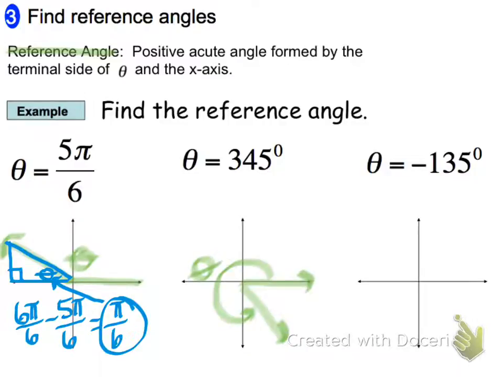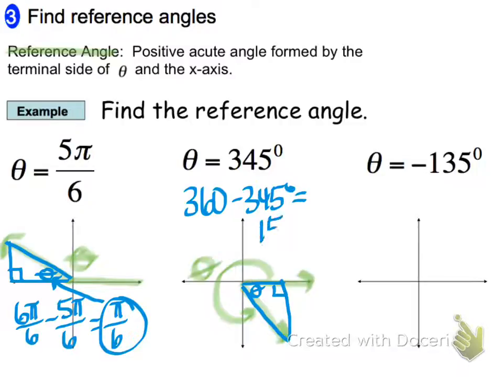So once again, we are going to take this and drop it to the x-axis and create a right triangle here. And then our theta is going to be on the inside. Now how much is that? If I take the whole circle, 360, and subtract that 345 degrees, I get 15 degrees left. So 15 degrees is now my reference angle.